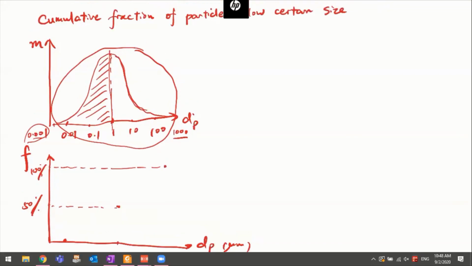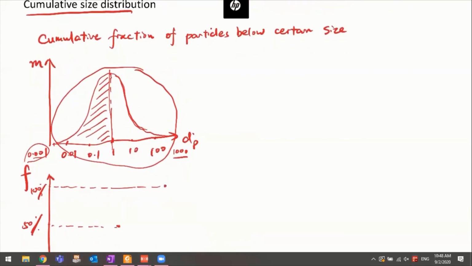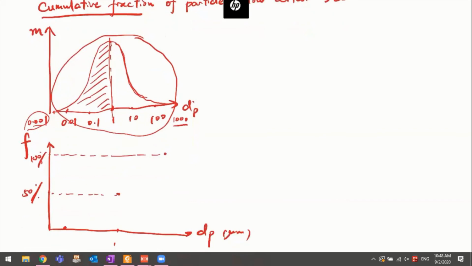So basically, the cumulative size distribution is just, we're trying to calculate what is the fraction of total particles below certain size. So now we can also try to plot out all the other data points. Because the fraction of particles around 1 micrometer is pretty high, we're going to see a steep increase of the cumulative fraction.